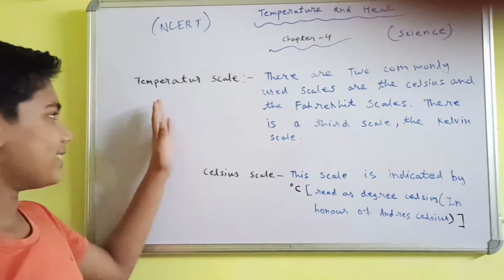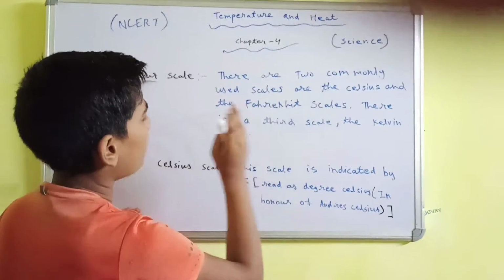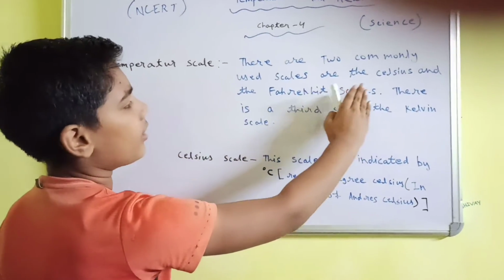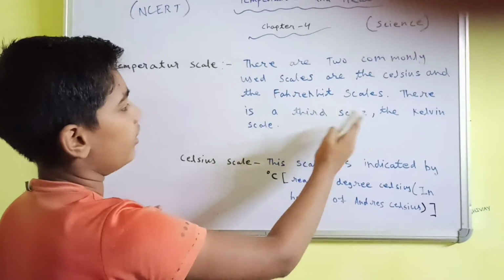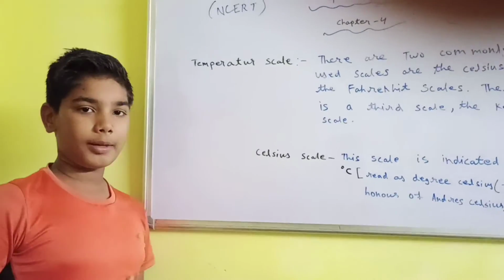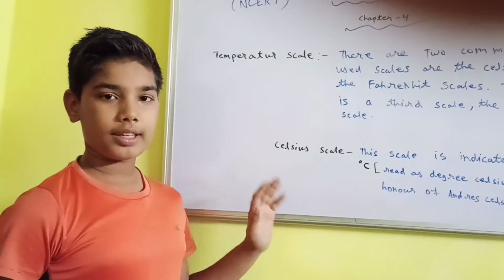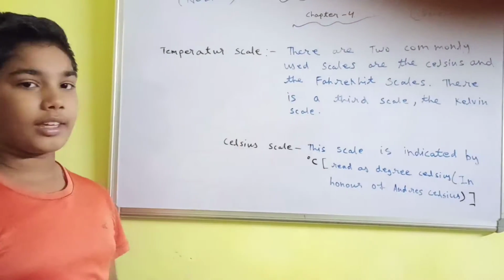So this is the temperature scale. What is a temperature scale? There are two commonly used scales, the Celsius and the Fahrenheit scale. There is a third scale, the Kelvin scale.